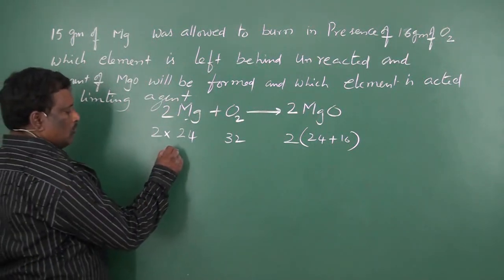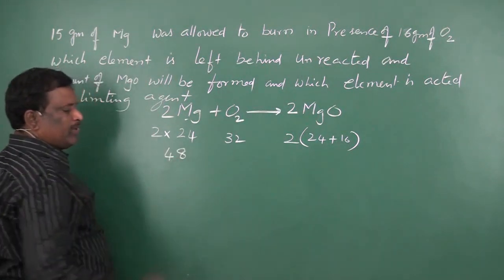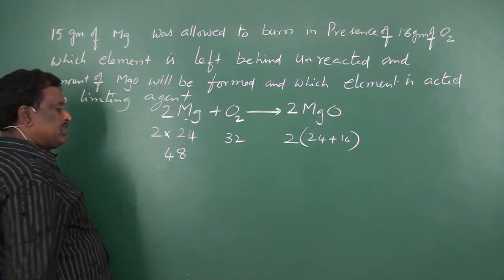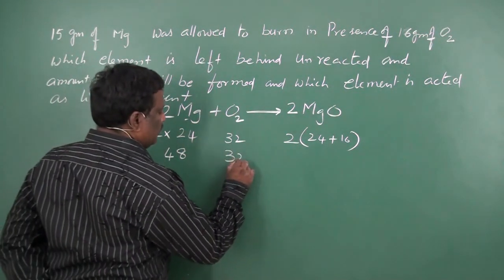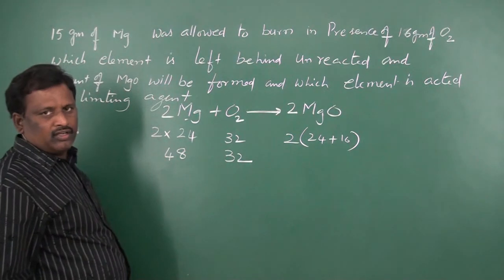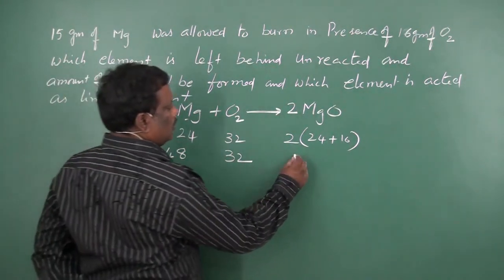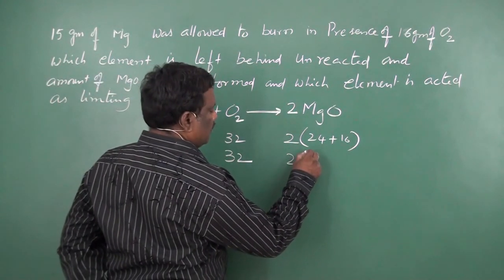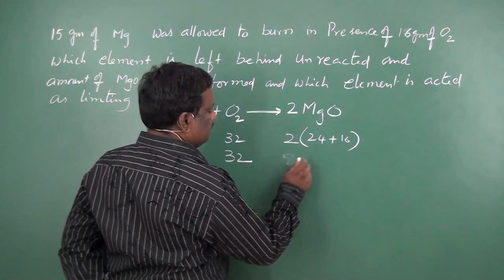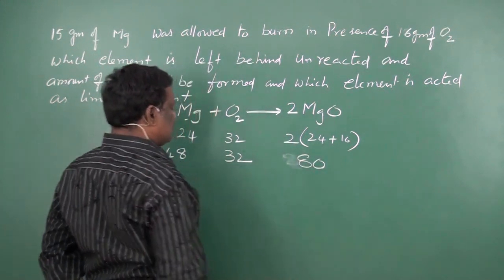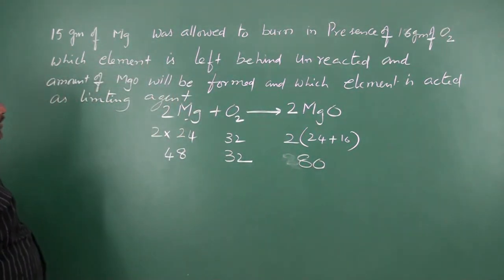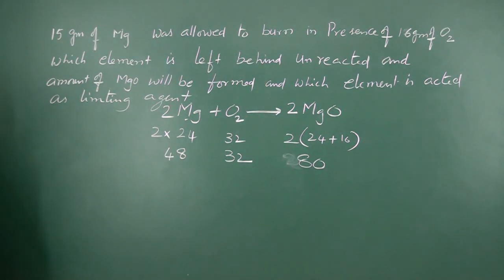So, it means 48 units of magnesium react with 32 units of oxygen to give 80 units of magnesium oxide.